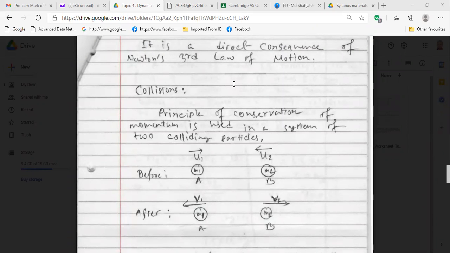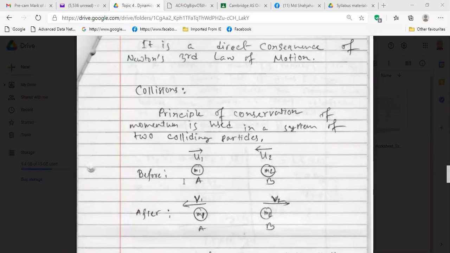Okay. Now we are applying the principle of conservation of momentum for two objects which are colliding, right? Object A and B, which have masses m1 and m2.